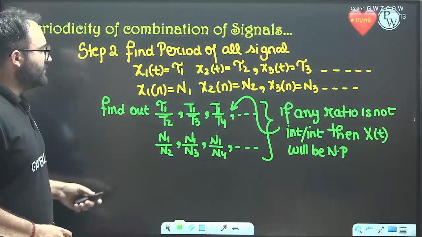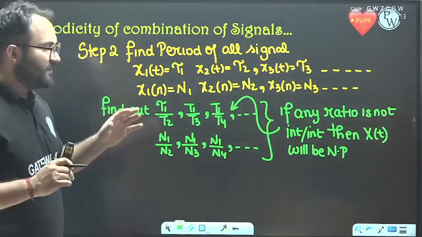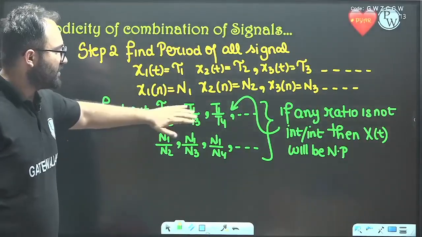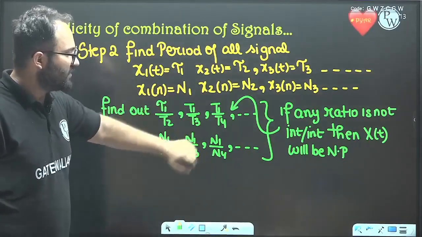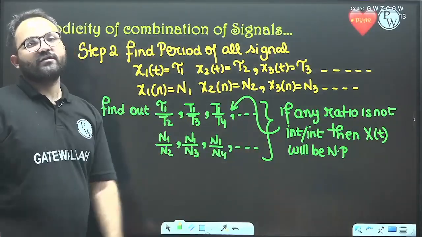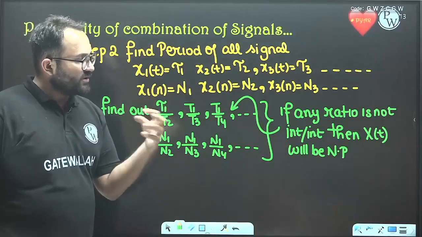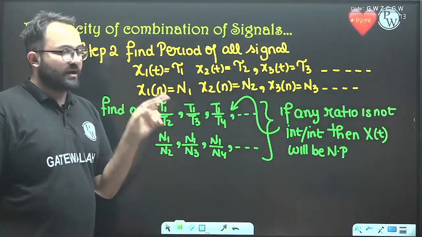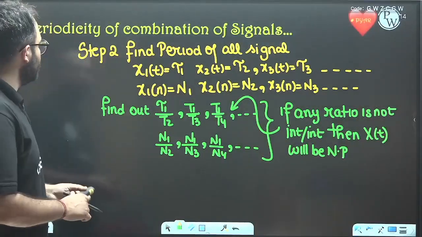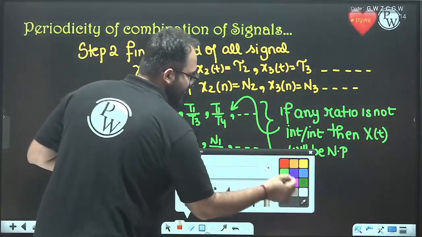Let me repeat the step. We will find the ratios T1 upon T2, T1 upon T3, T1 upon T4. If any of the ratios is not integer upon integer, then the whole signal capital XT is non-periodic. Now step number 3.